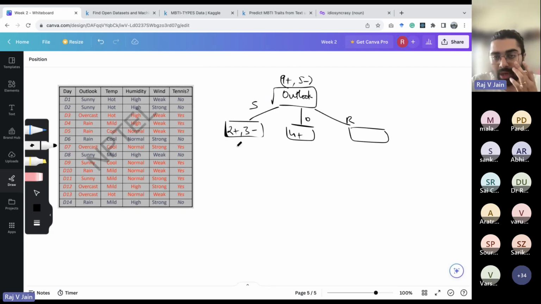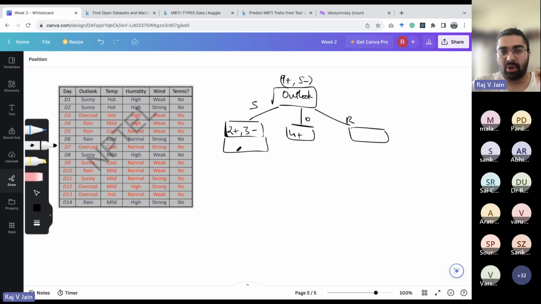Okay, so now I have to choose one more. I have to take one decision, that is which feature to select now. The outlook feature is anyway used up, right? There's no difference in the outlook variable in this particular node anymore. All of the data points in this particular node have the outlook variable equal to sunny, so there's no entropy there in the first place.